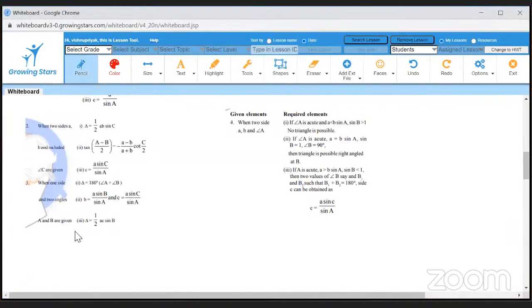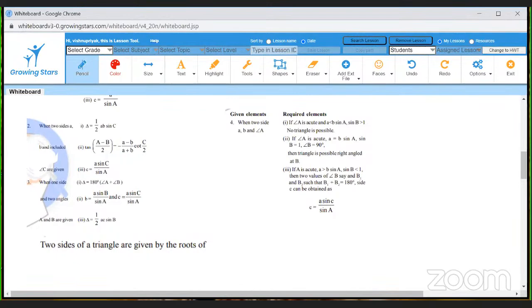Based on these formulas, I'm giving you a question.